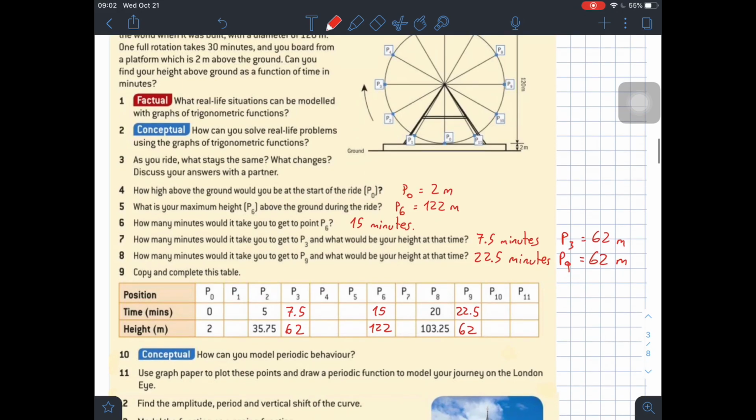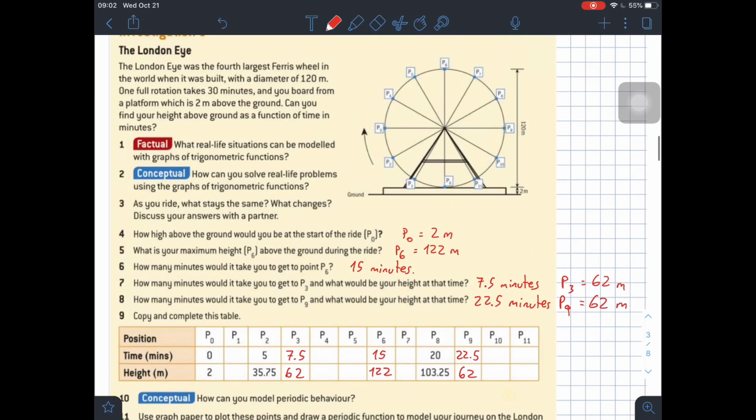How can we find these intermediate values? They're a little bit more difficult because they're not special positions, such as P0, P3, P6, and P9. So in order to find those intermediate values, we would have to find the trigonometric function that models the Ferris wheel.